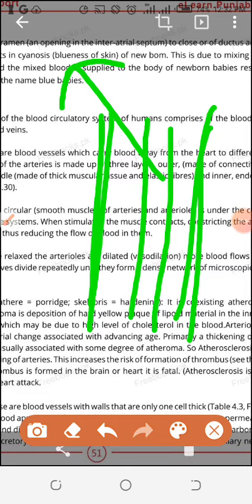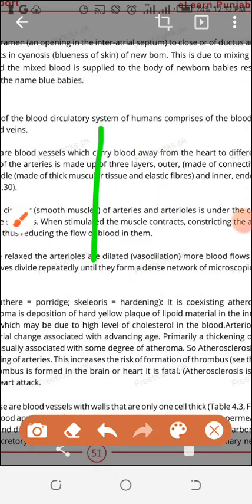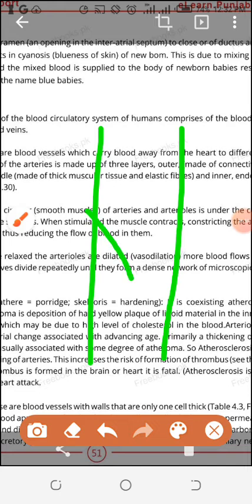Another name of these layers: tunica externa, tunica media, tunica intima. In both arteries and veins, the main difference between them is that in the veins there are valves present.